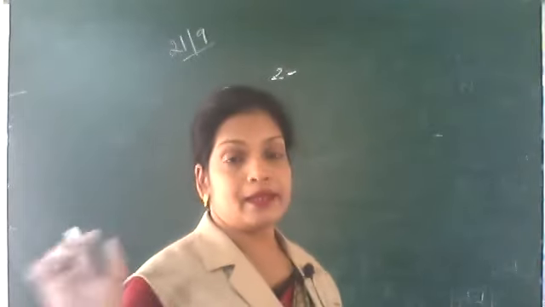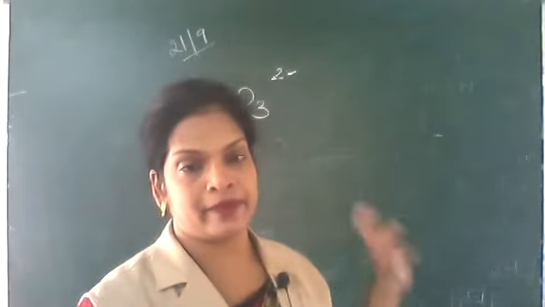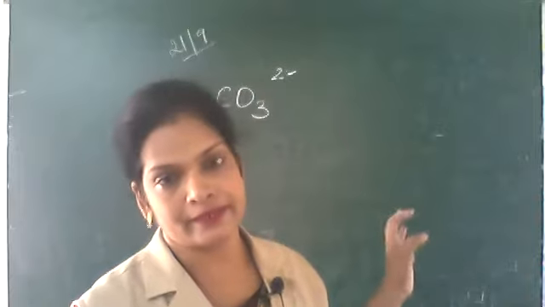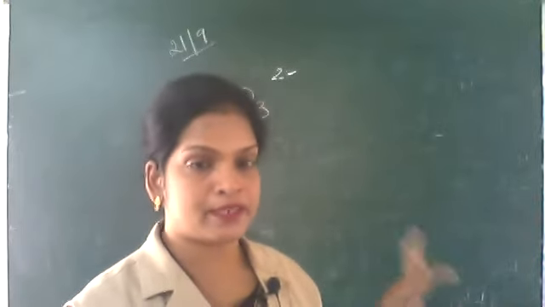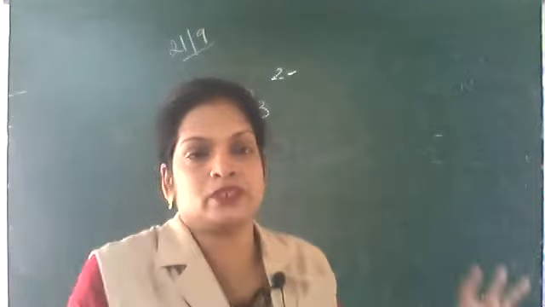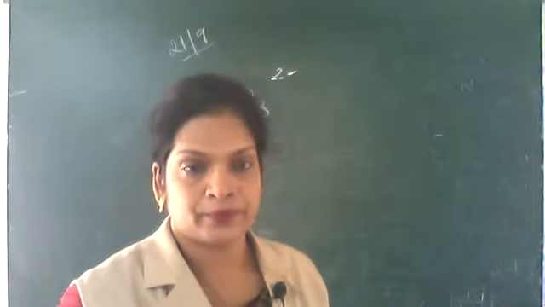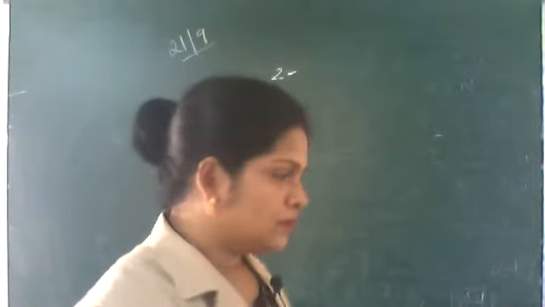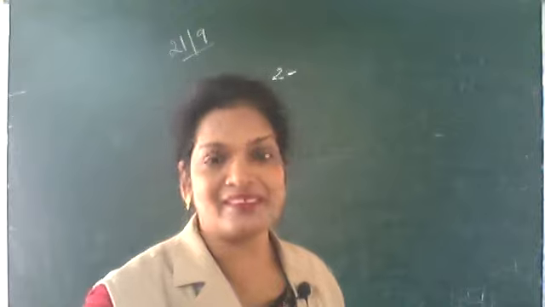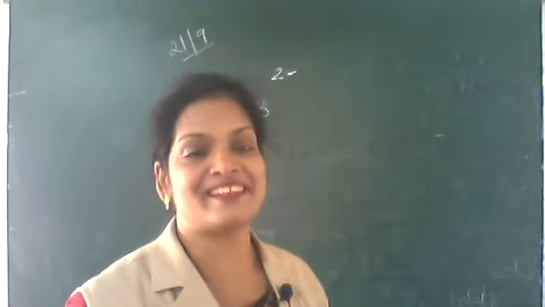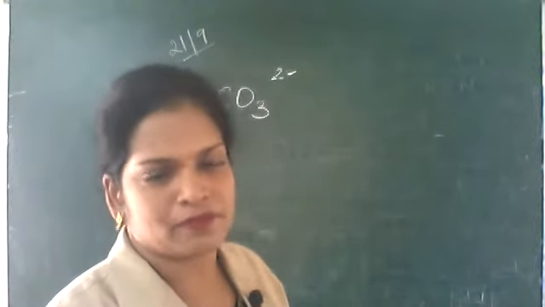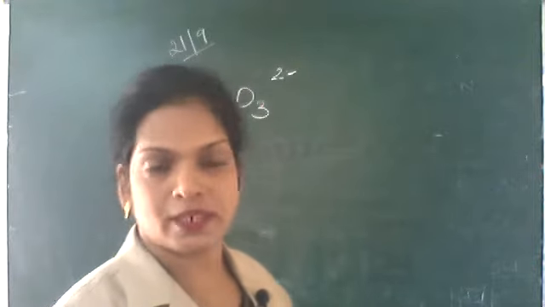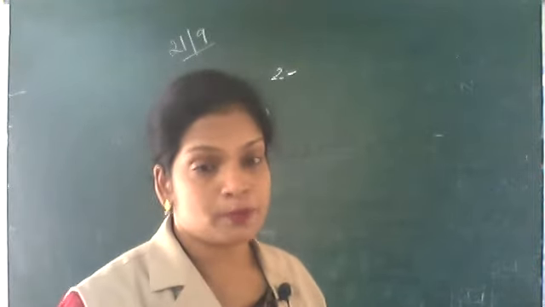You select the least electronegative element and that should be at the center. The least electronegative element should be at the center and other atoms should be standing around it. The step is given, think intelligently and make the structure, because there is some drawback. This Lewis dot structure cannot give the shape of the molecule.